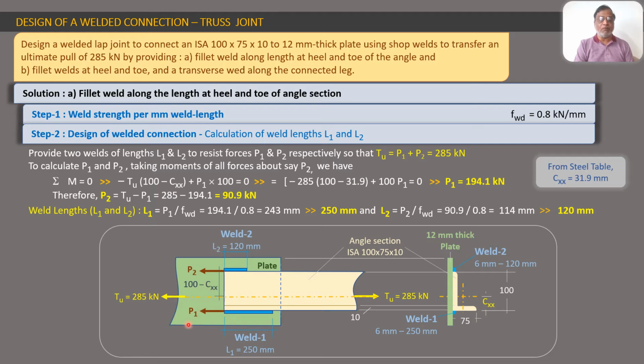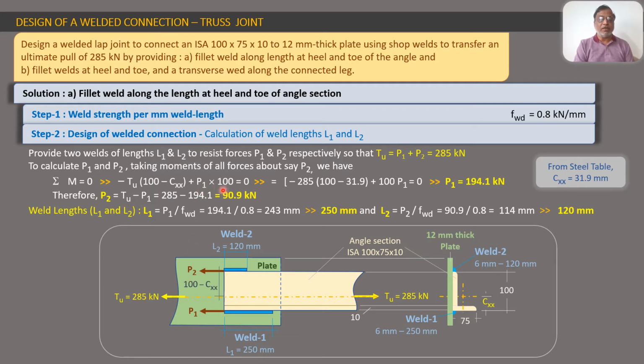We are taking the moment of P1 about P2, so the distance between P1 and P2 is nothing but 100 mm. We are assuming that these weld forces P1 and P2 act at the edges of the angle, at the heel as well as at the toe. So these distances apply, and the moment of P1 about P2 will be P1 into 100.